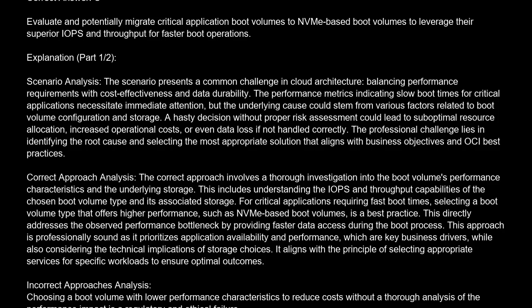This directly addresses the observed performance bottleneck by providing faster data access during the boot process. This approach is professionally sound as it prioritizes application availability and performance, which are key business drivers, while also considering the technical implications of storage choices. It aligns with the principle of selecting appropriate services for specific workloads to ensure optimal outcomes.